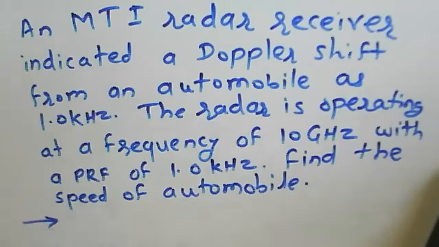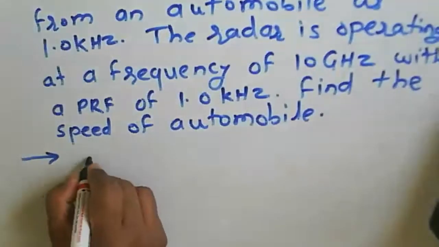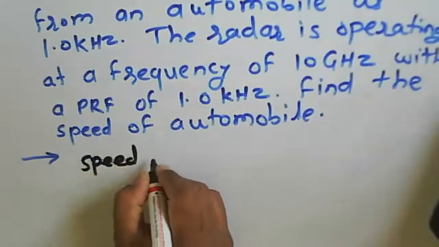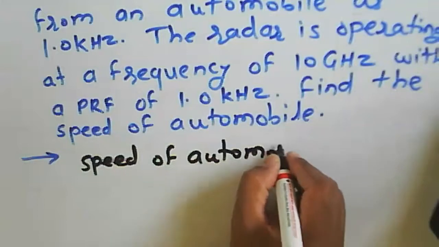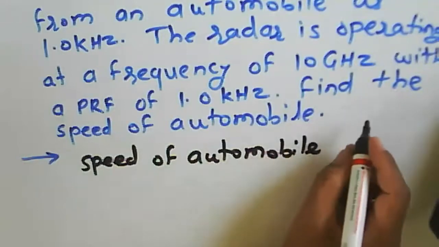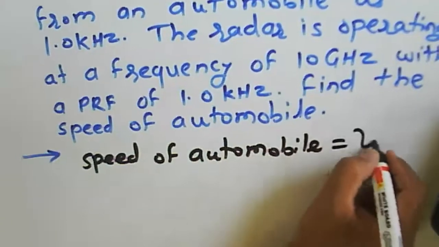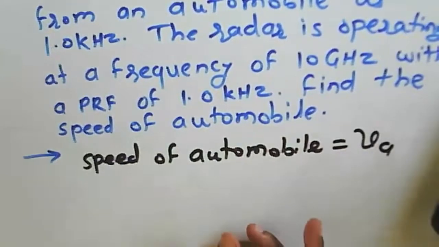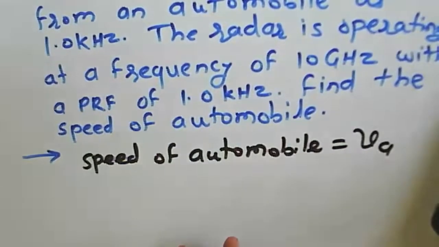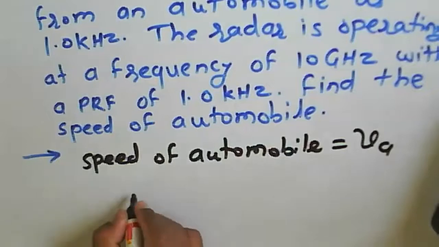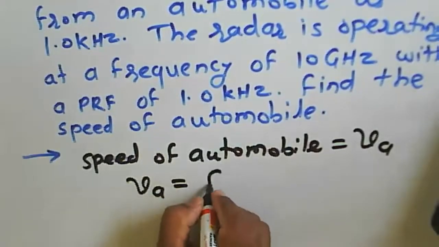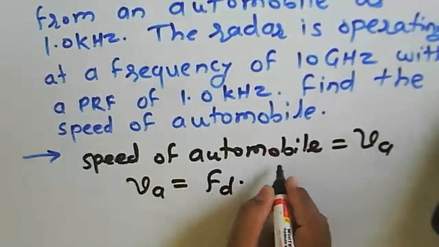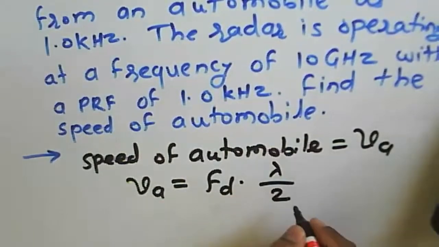While solving, we should know the equation for the speed of the automobile. It depends on the Doppler shift with respect to the environment.